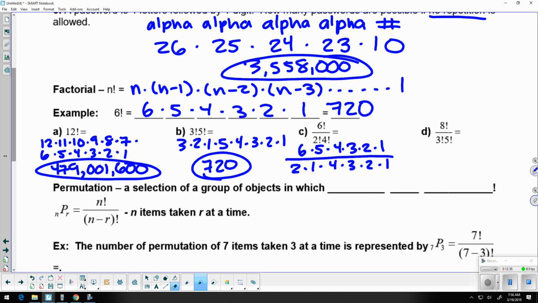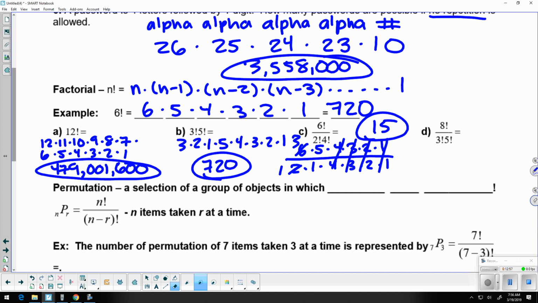For example, the 4, the 3, the 2, the 1, those all cancel down. Now I'm left with 6 times 5 over 2 times 1. I can cancel a bit more, like 6 over 2, because that's just 3 over 1, making my ultimate answer 15 over 1, or just plain old 15. So you can always do some canceling as you go.